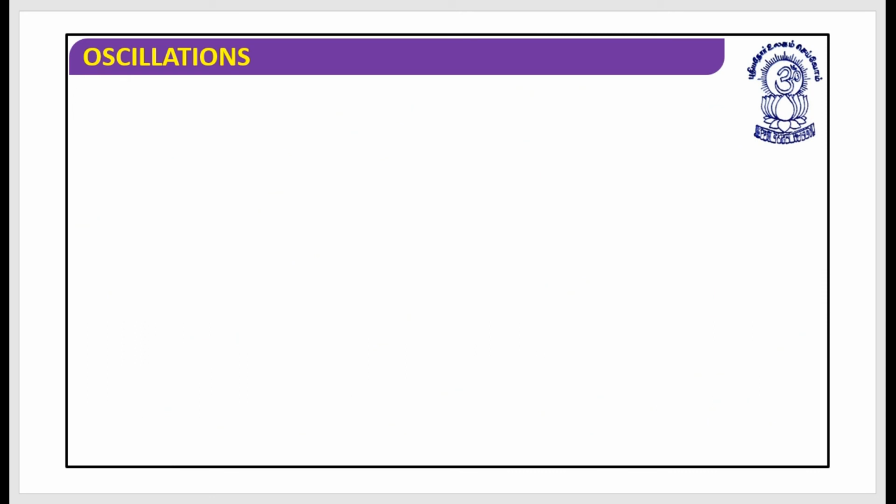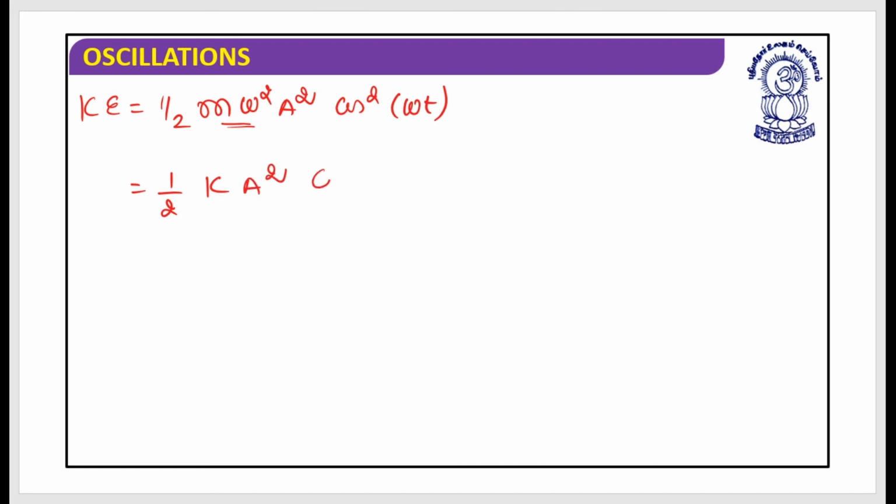Let's work for the kinetic energy. The kinetic energy is half into m into v square, while v square is m omega square into a square cos square omega t. So this is equal to half m omega square a square cos square omega t, and m omega square could be written as k, so a square into cos square omega t. Now when I want the average value of kinetic energy, I hope you understood this, the triangular symbol represents the average value.